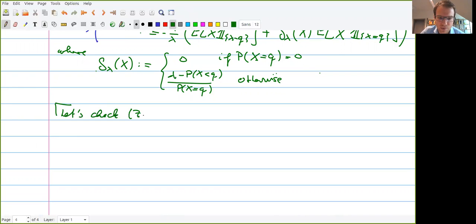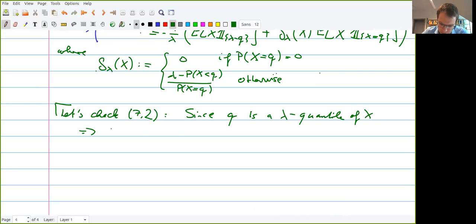Since q is a lambda quantile for X, what do we mean by this?